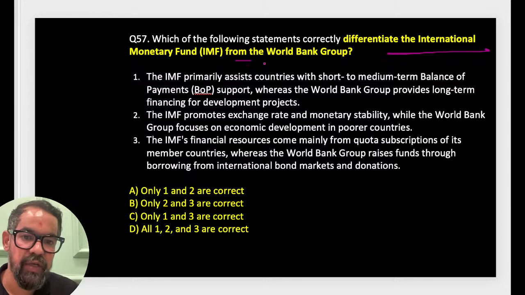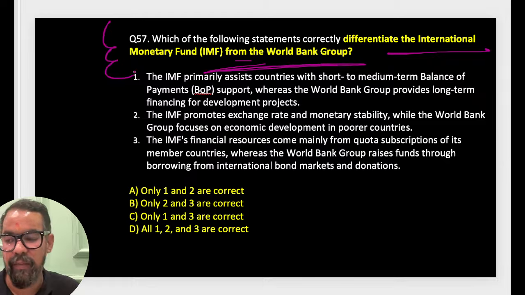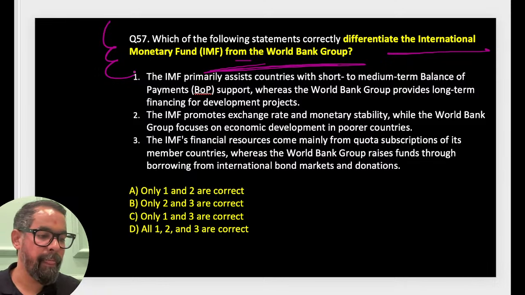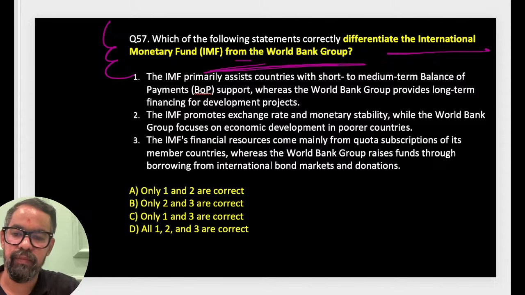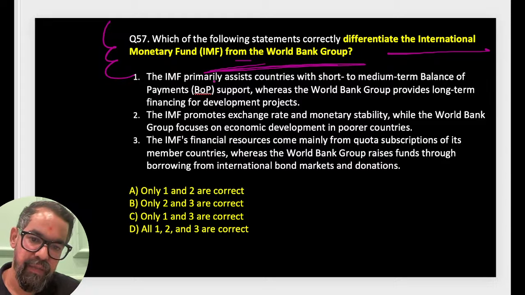IMF versus World Bank. This gets asked every time. So the differences between IMF and World Bank. IMF primarily assists countries with short to medium term needs and the World Bank long term.